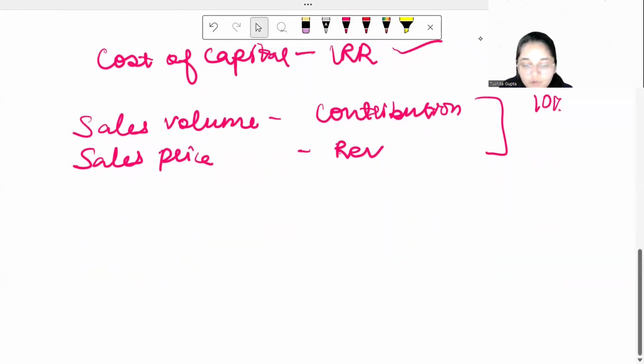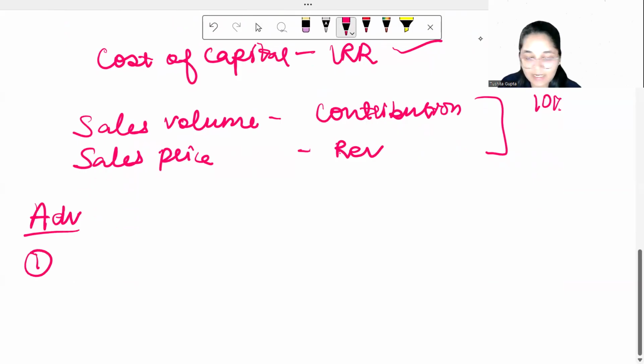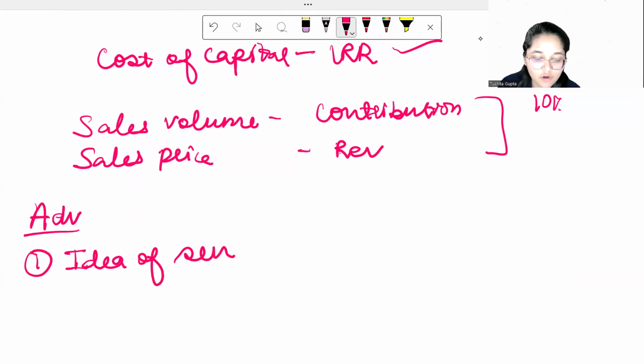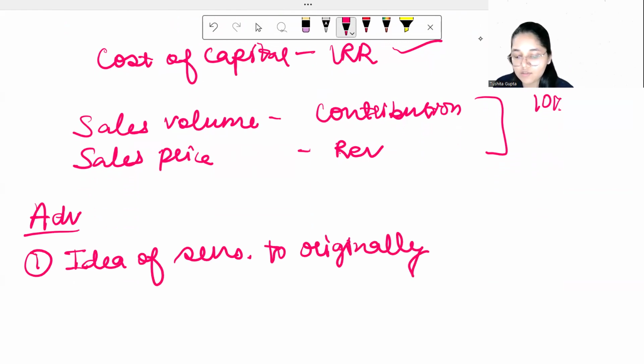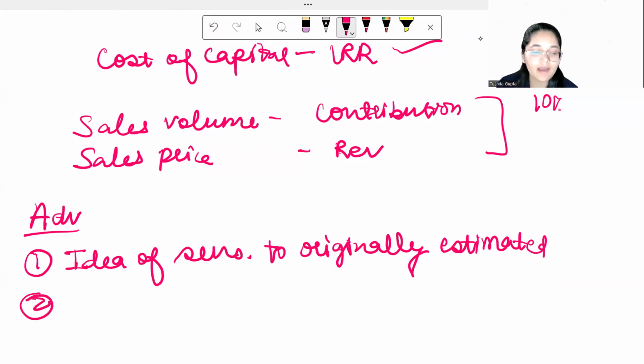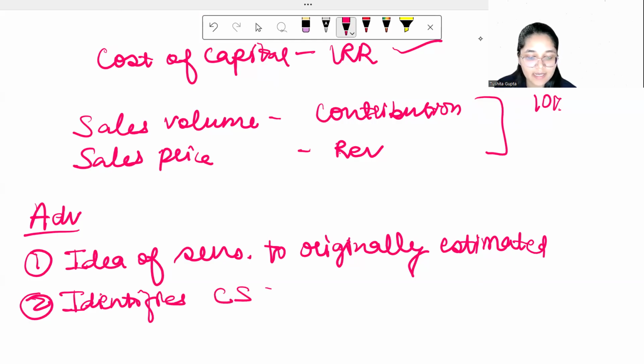Now let's talk about a few advantages that we have in this method. Advantages will be, number one, that it gives you an idea of sensitivity to original estimates. Whatever your estimates originally are, you get an idea of how sensitive your overall NPV is to the variables. Then another advantage is that it identifies the critical success factors.